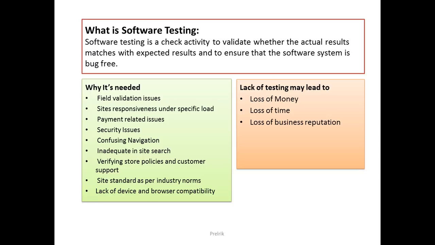Then site responsiveness under specific load: how does your site behave when huge traffic comes to a website? Payment related issues, security issues, confusing navigation, inadequate in-site search. This is the function of searching for a product on a website, so maybe the search function is not working as it is expected to.